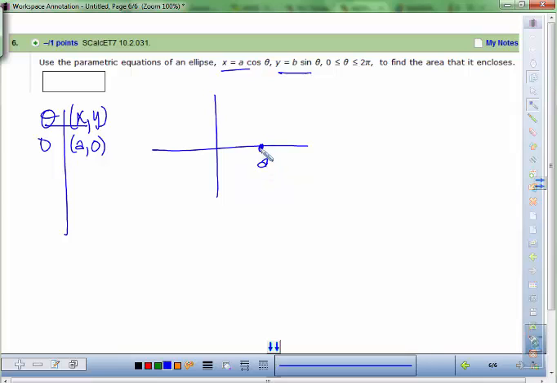So a is going to be the intercept on the x-axis. Let me try pi over 2: cosine of pi over 2 is 0, and sine of pi over 2 is 1. So wherever b is on the y-axis, that's how my ellipse is drawn, in a counterclockwise direction like this.